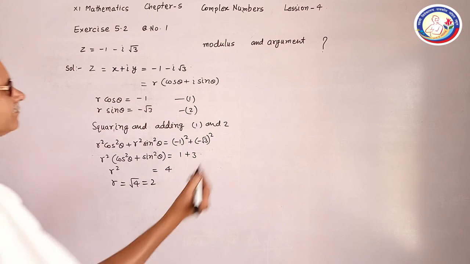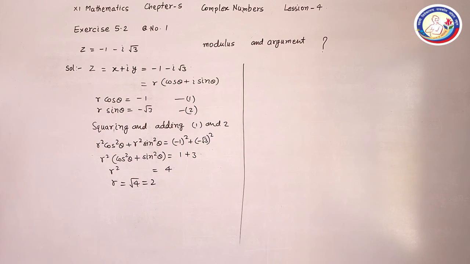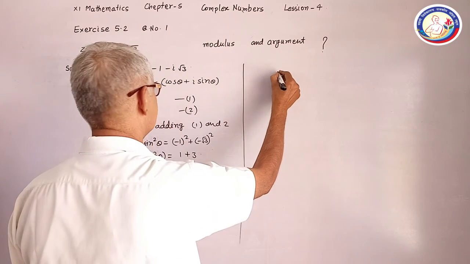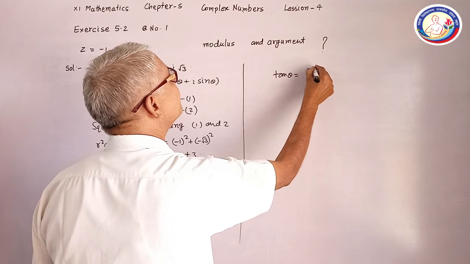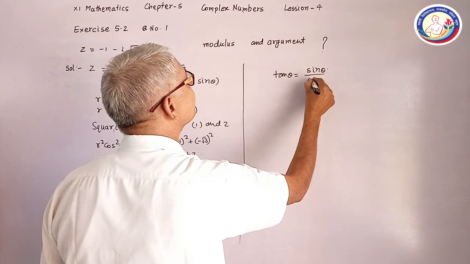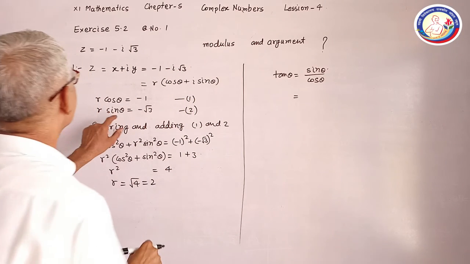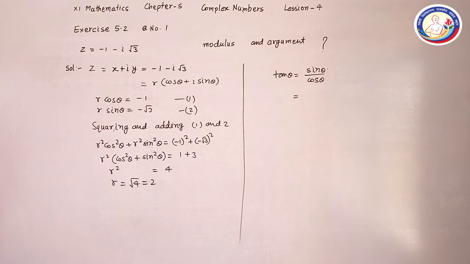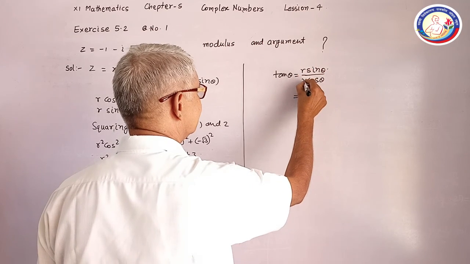Now what about the angle? You can find the angle with the help of tangent theta equal to sin theta upon cos theta, and this is nothing but r sin theta upon r cos theta.